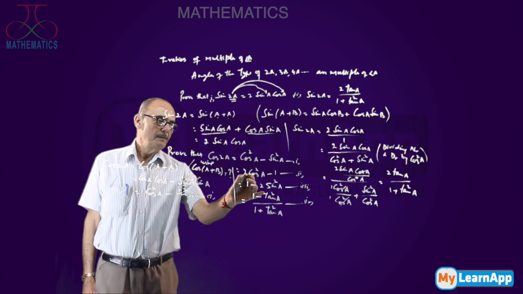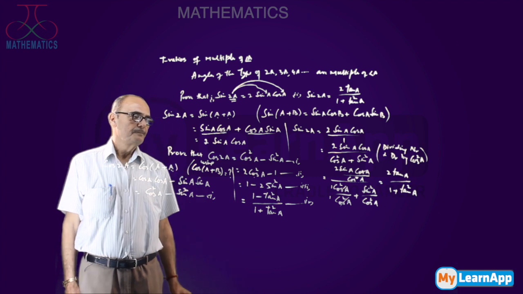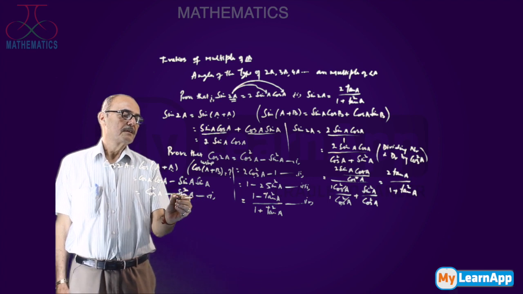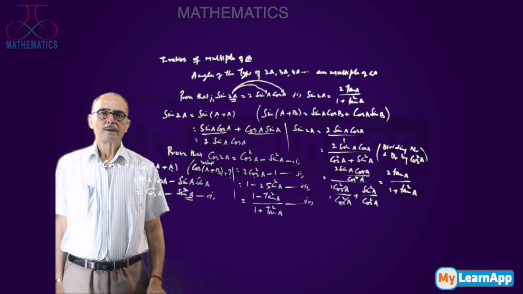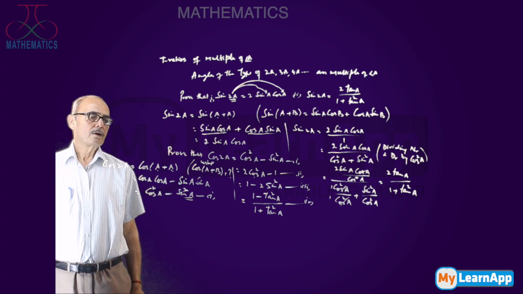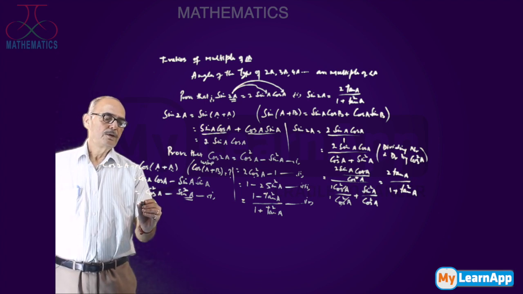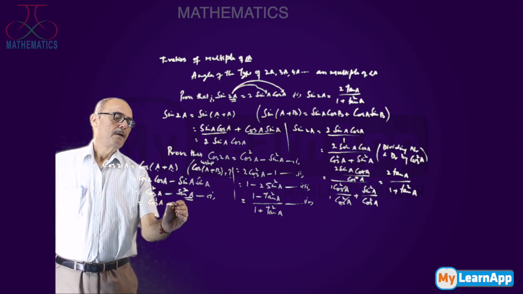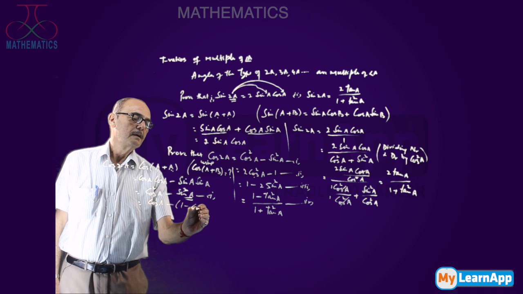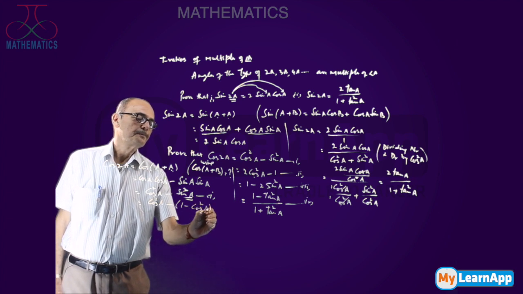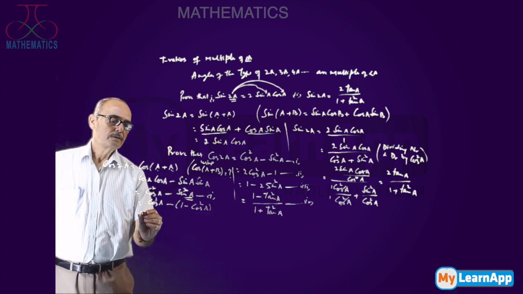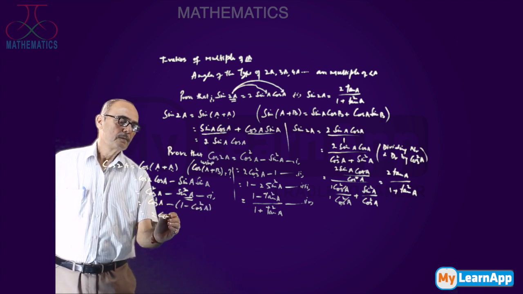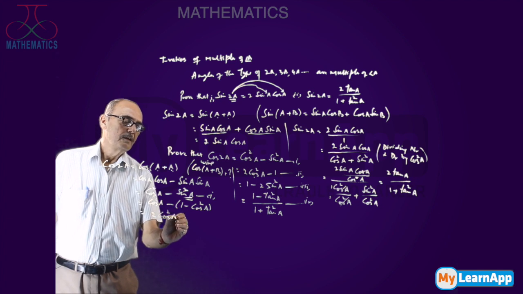Now, in the second formula, we observe we have cos square A, not sine square. So, change this sine square A in terms of cos square A, using 1 minus cos square A. And when you open the bracket, this will be twice cos square A minus 1.